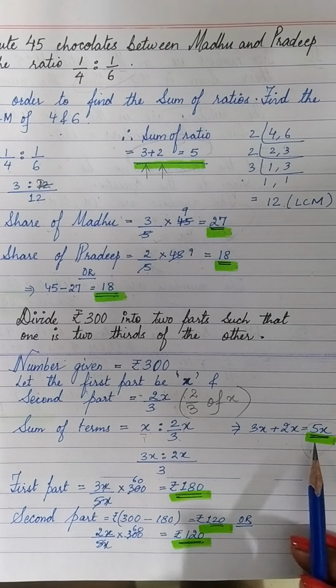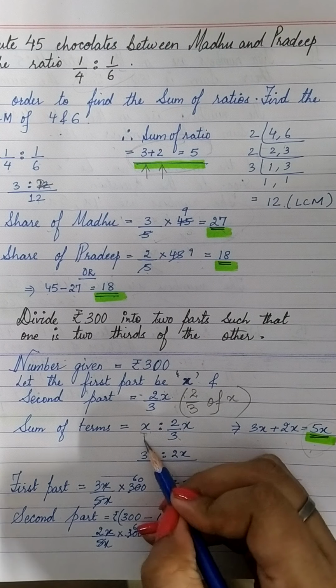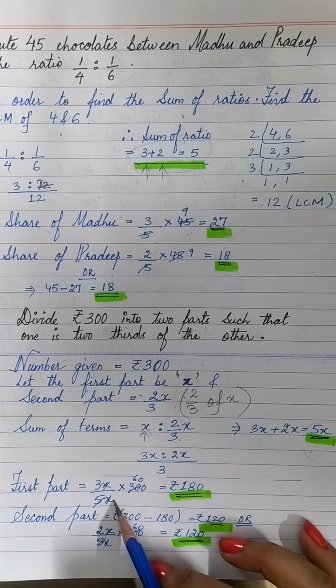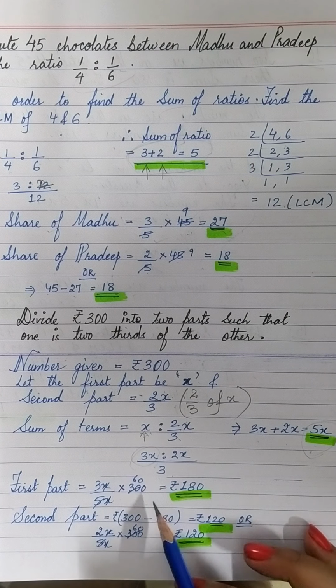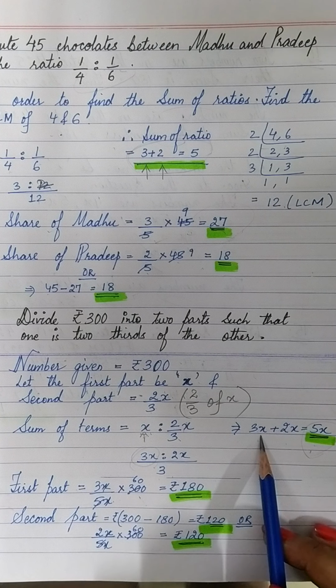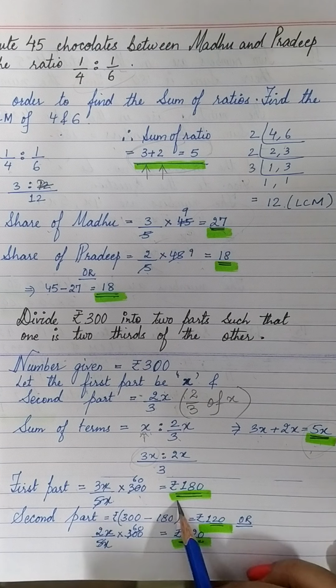The formula used for finding the first part will be the first term upon the sum of the terms, into the given number. So the first term is 3x upon the sum of terms 5x, into 180, right?